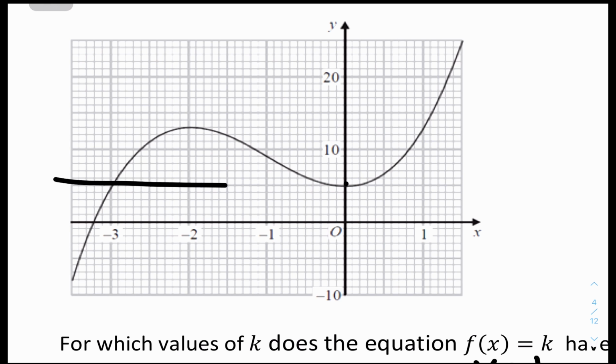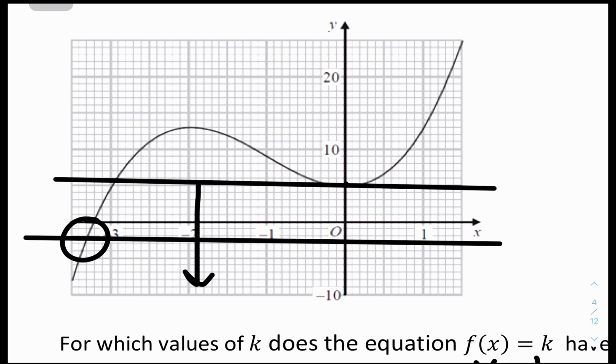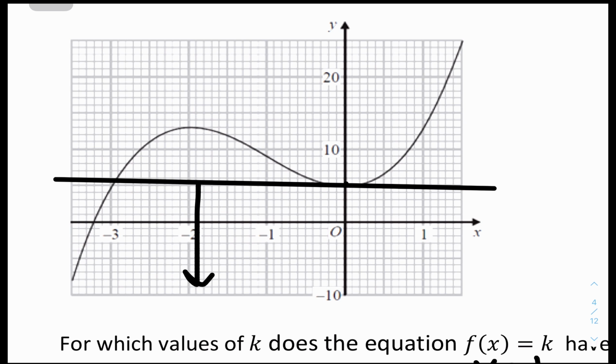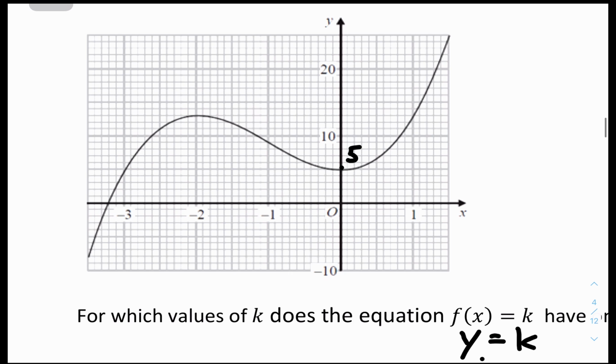If you draw a line below this point, any y value below this, you only have 1 root. So one of the solutions is when k is below this point right here, and this point is when y equals 5. So one solution is where k is smaller than 5.